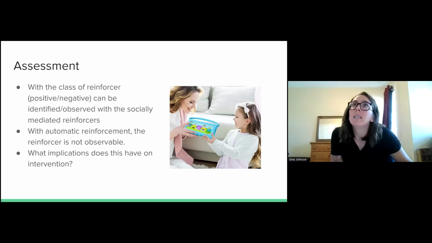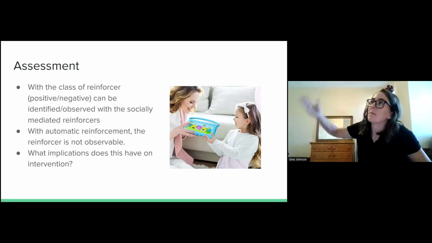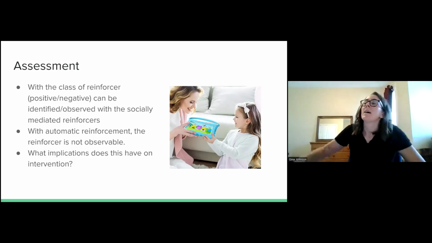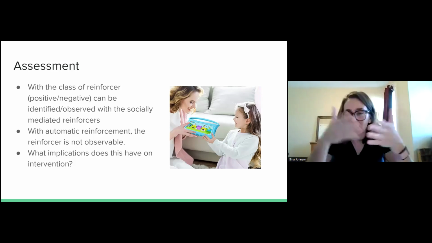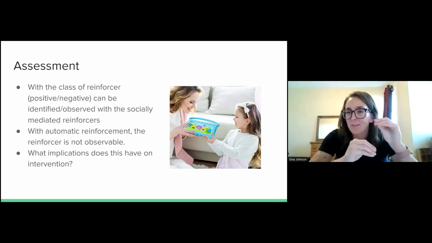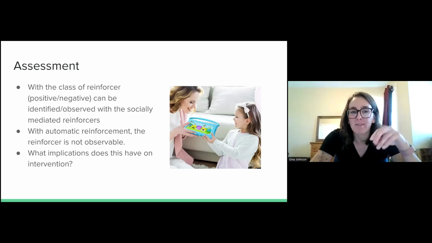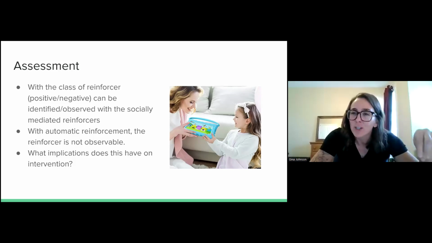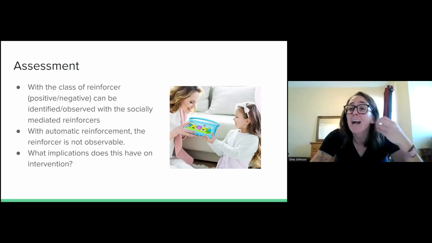This is coming out in more recent literature, and there's a whole other rabbit hole of automatically maintained behaviors. It's kind of just a label for these behaviors, and it's not as specific or as accurate a label as the other functions. It should actually just trigger further analysis.